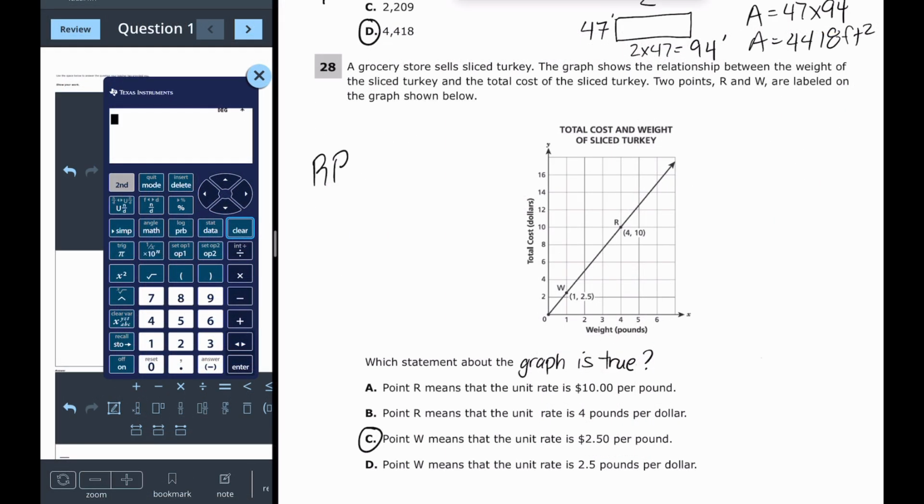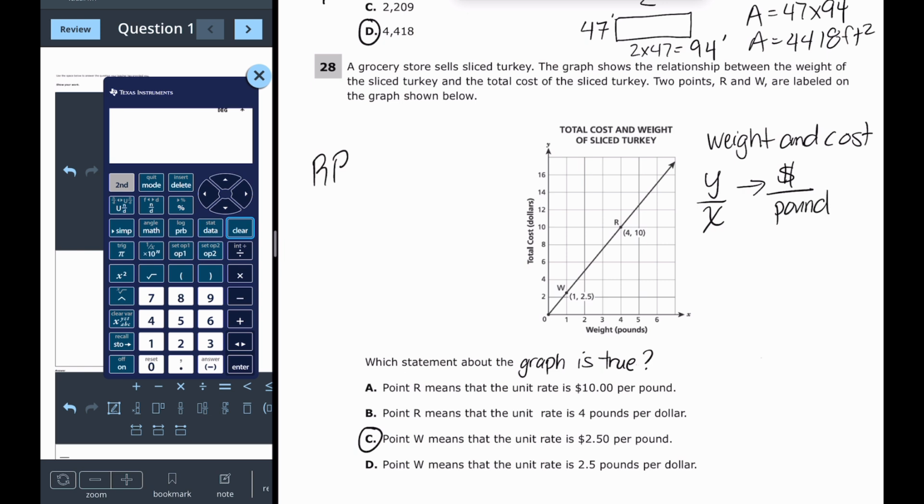A grocery store sells sliced turkey. The graph shows the relationship between the weight of the sliced turkey and the total cost of the turkey. So we know that there's some type of relationship between the weight and cost. And just looking here, because we know we're thinking about y over x, our y is the cost and our x is the weight in pounds.